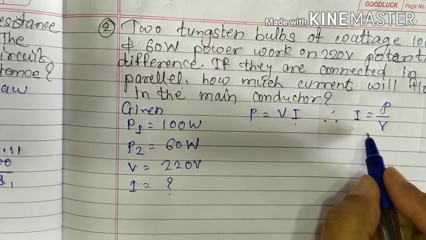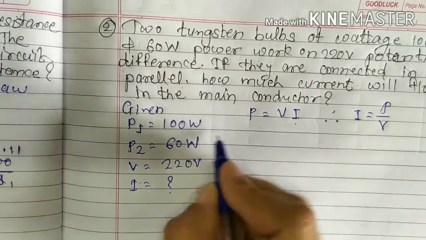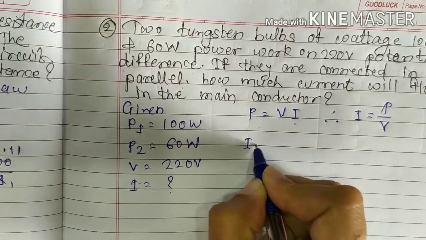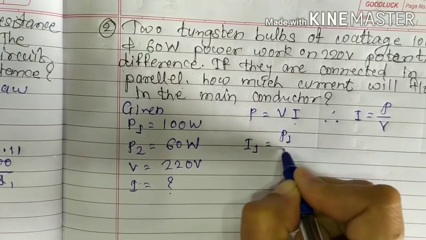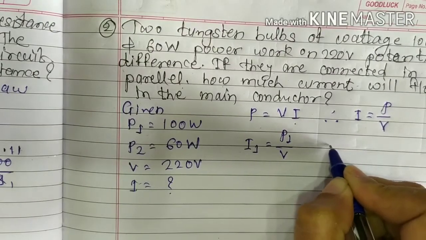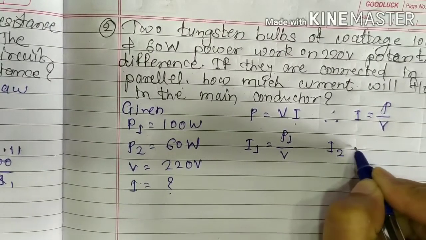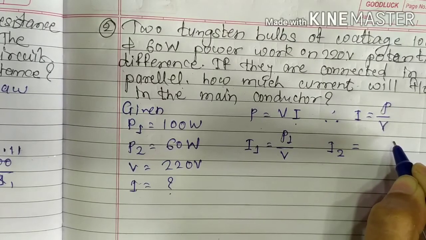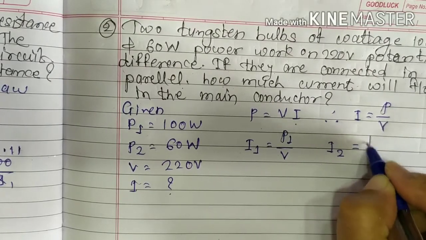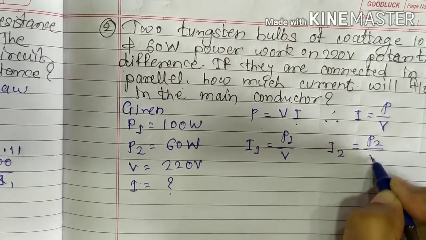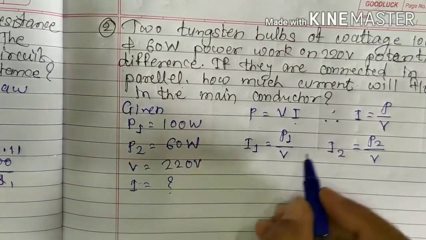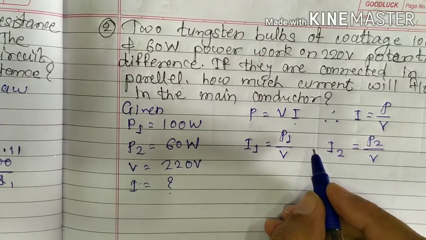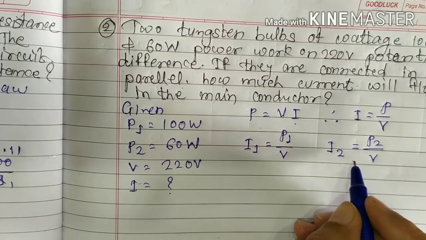So, current from the first bulb, that is I1, is equal to P1 upon V, and current in the second conductor is P2 upon V. But these are connected in parallel.